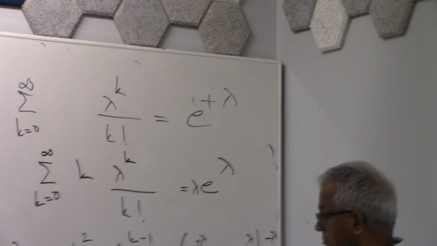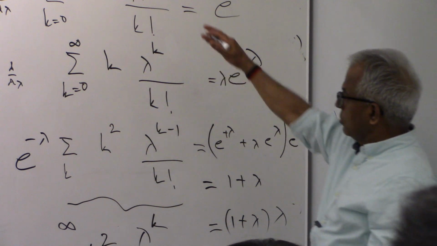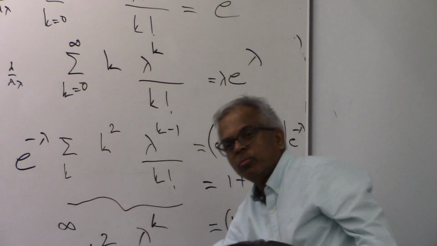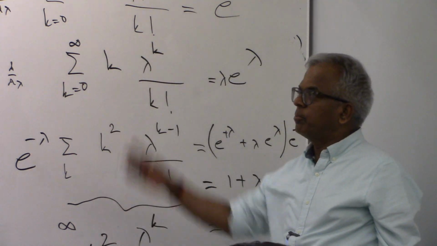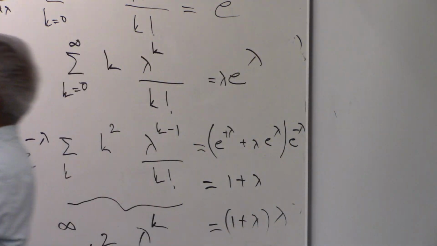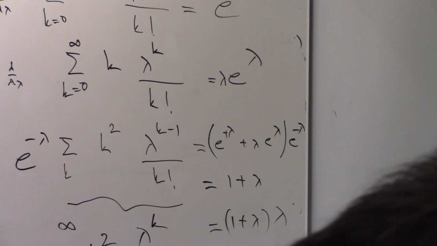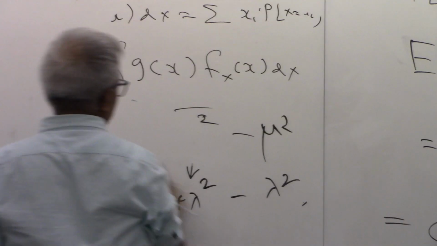So I'll show you another way to compute this. You can use this to compute all the higher moments of a Poisson random variable. Let me give you another formula to compute Poisson random variable moments.